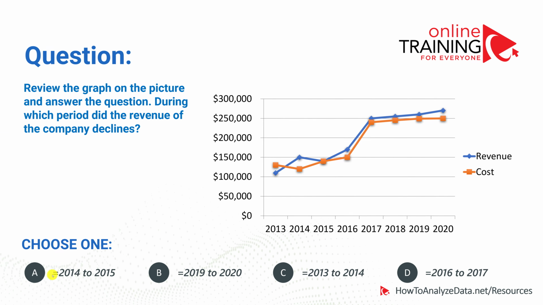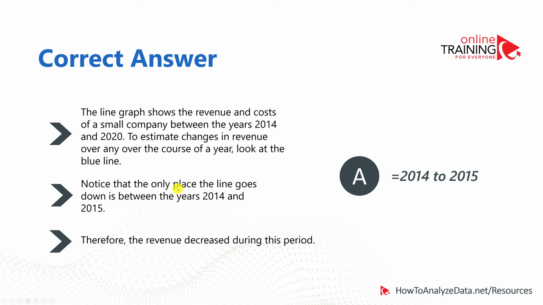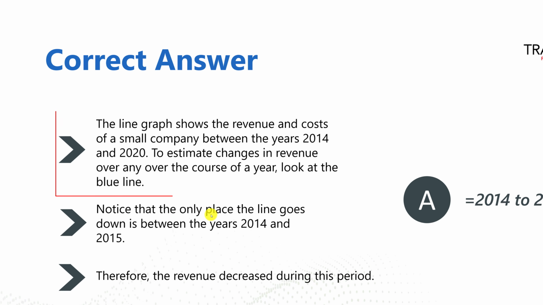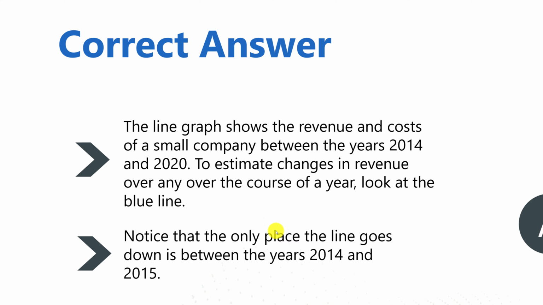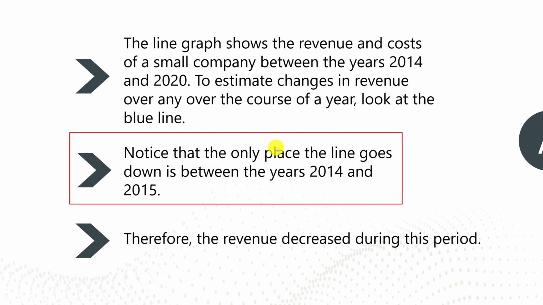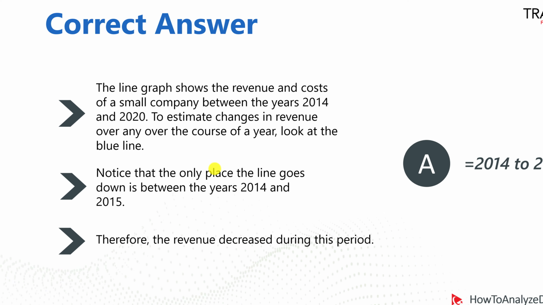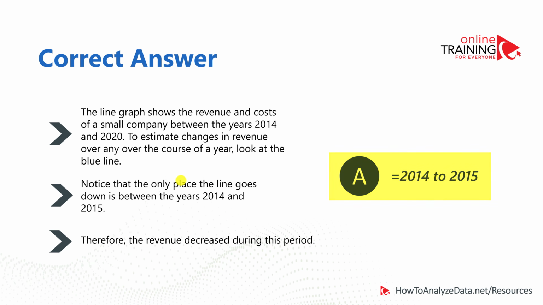So that is the correct choice, and that is the correct answer. Now let's recap. The line graph shows the revenue and costs of a small company between the periods of 2014 and 2020. To estimate the changes, you need to find the spot on the line which goes down. Only place when line goes down is between the years of 2014 and 2015. Therefore, choice A, which shows 2014 to 2015, is the right answer for this question. Hopefully you've got this one right.